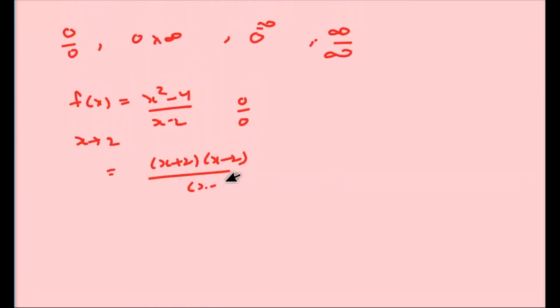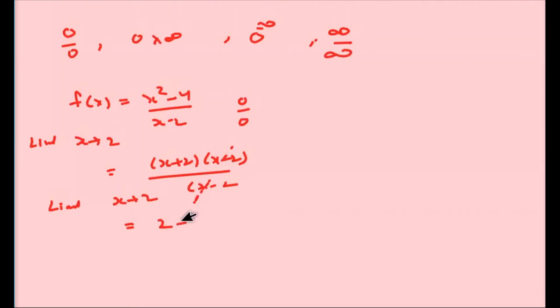If we want to find this limit, we cannot find it directly as it is in indeterminate form, so we factorize first here, and then cancel out the factors which give the undetermined values. Now putting the limit directly, we can find the limit.